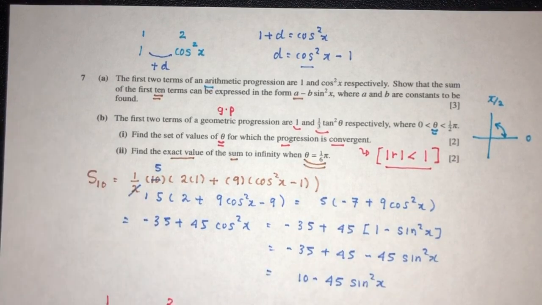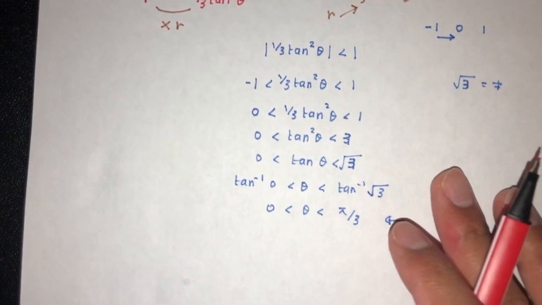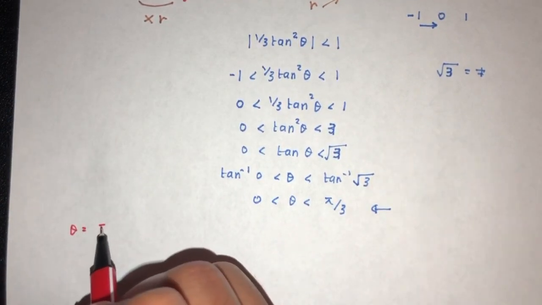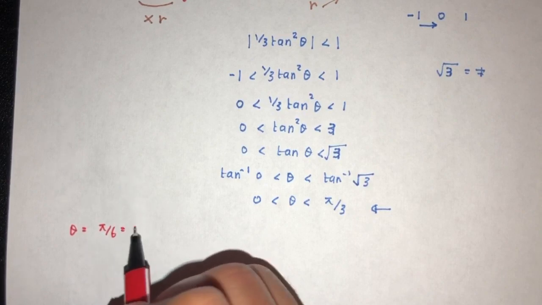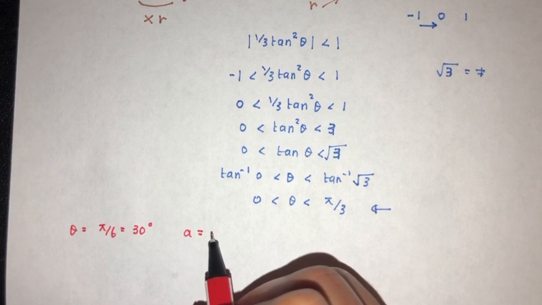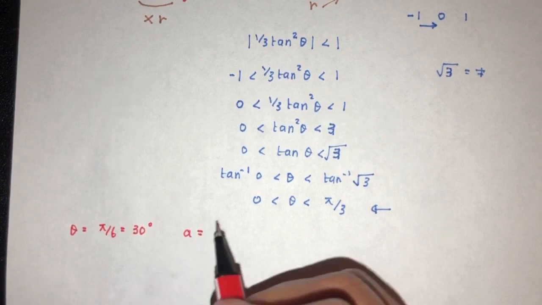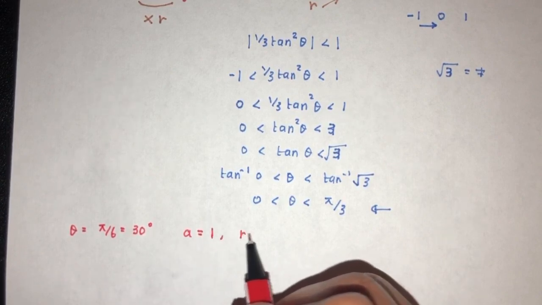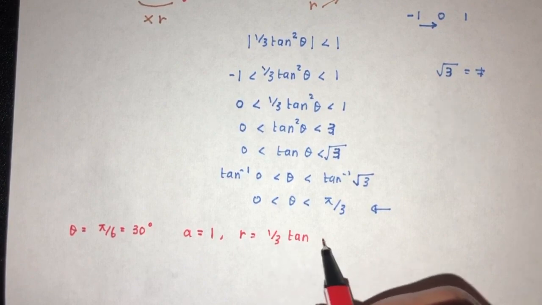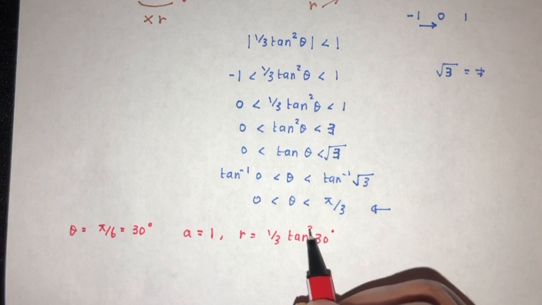Okay, so let's see. When theta is equal to pi over 6, which is 30 degrees, the first term is 1, and r is 1/3 tan 30 square.